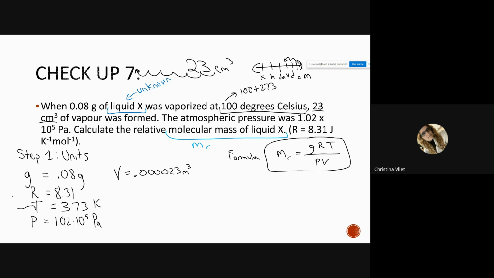Now plug in the formula. MR equals, plug in your numbers, 0.08 times 8.31 times 373 for the top, and the bottom is 1.02 times 10 to the 5th multiplied by 0.000023. I have a suggestion. There's a lot going on here. I would suggest multiplying all the numbers in the top first, multiply all the numbers in the bottom, and then divide.